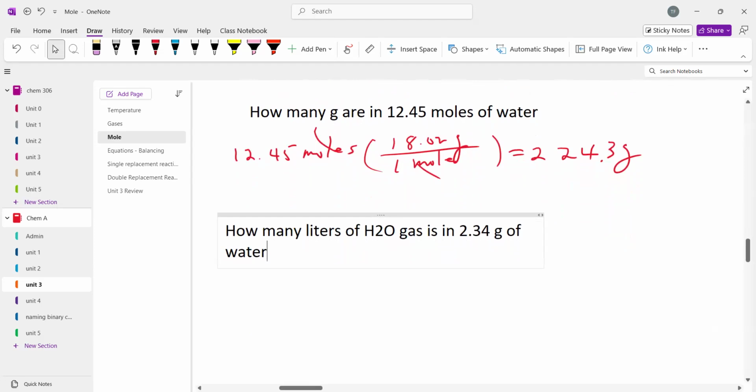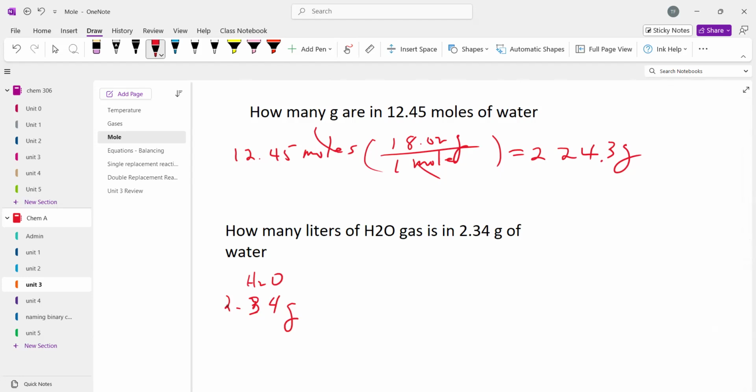Okay, so the given is 2.34 grams, and that's water. Notice I'm putting the chemical above it, because when we get into full-blown stoichiometry, not only do the units need to cancel, the chemicals need to cancel as well. So get used to putting the chemical we're working with along with the unit. Okay, so 2.34 grams of water, and we want to go to liters. That's gaseous liters.